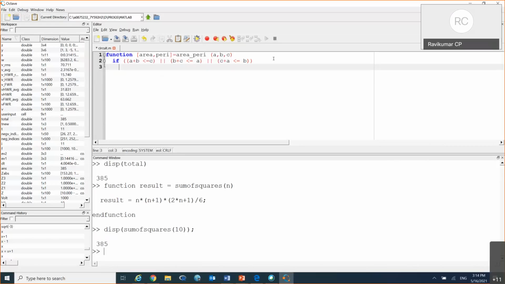So maybe we can display not a triangle. This is an example of how to use the if statement. And you can set area equal to 0, and the perimeter also equal to 0.